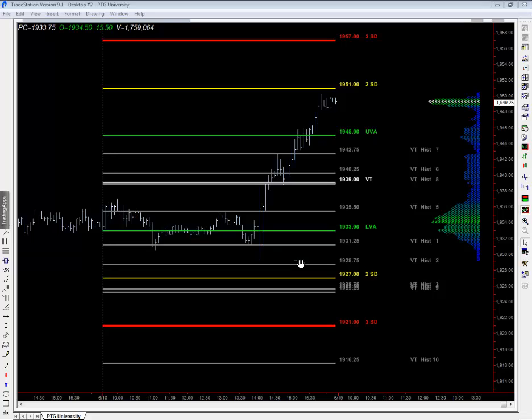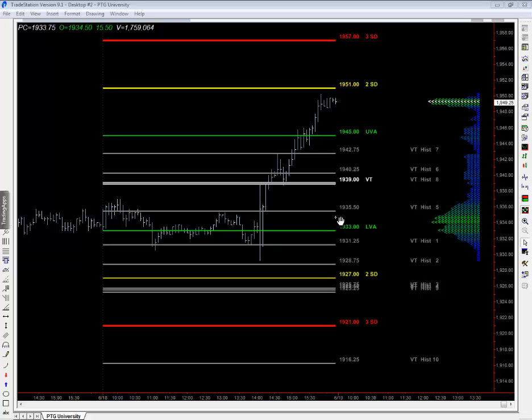Please repeat what the SD means, I had to step out for a minute. Sure. SD stands for standard deviation. So from the volume trend point of control, or the VWAP, in a normal distribution, prices are typically distributed within 70%, or one standard deviation, above and below the point of control.